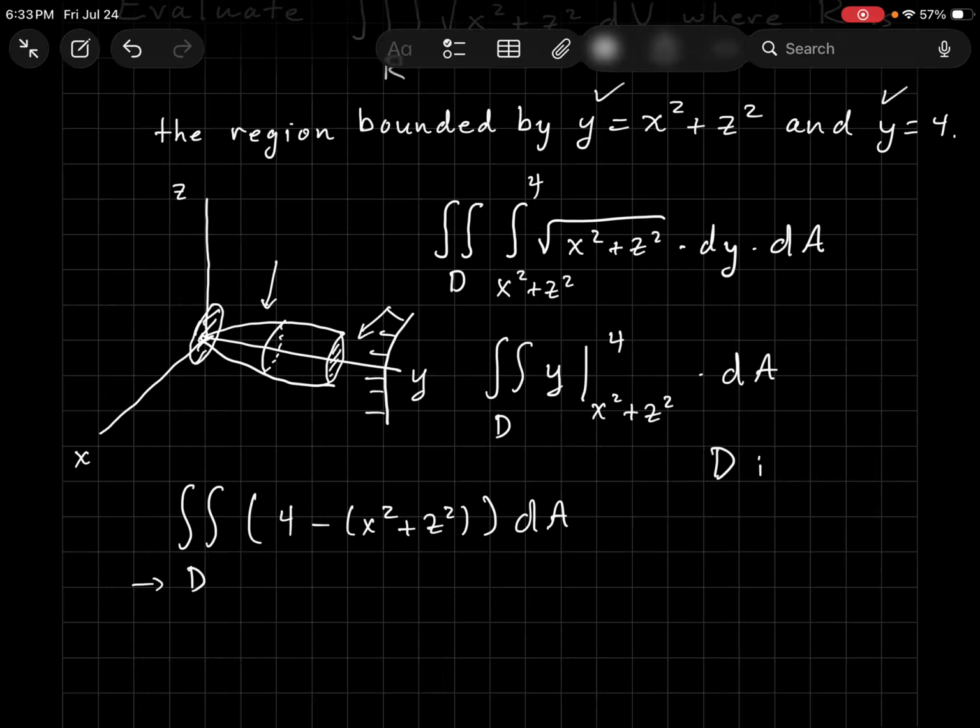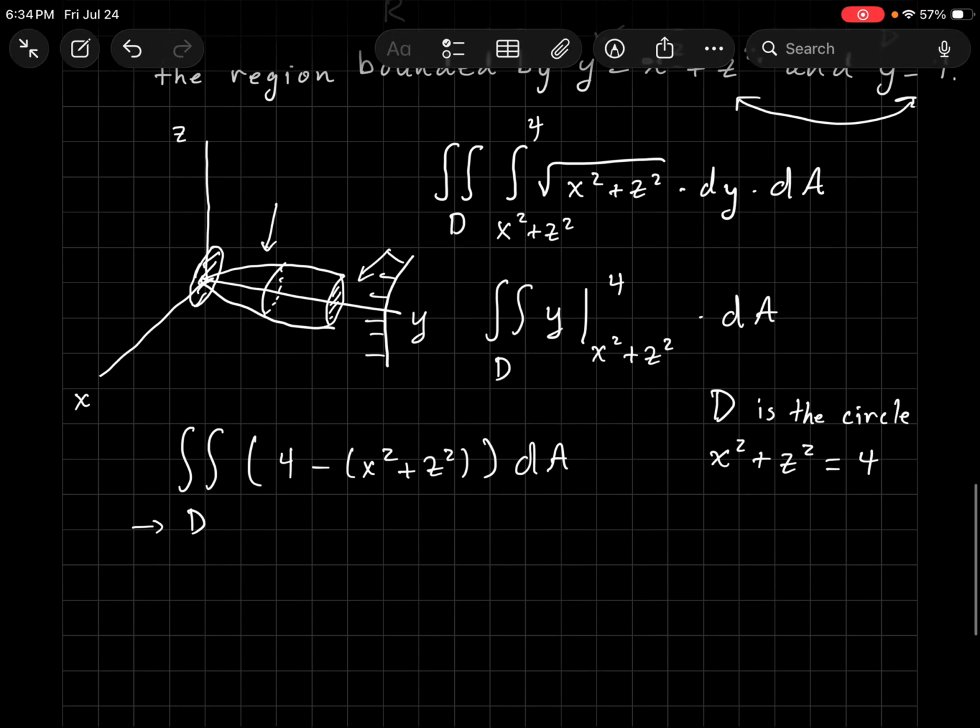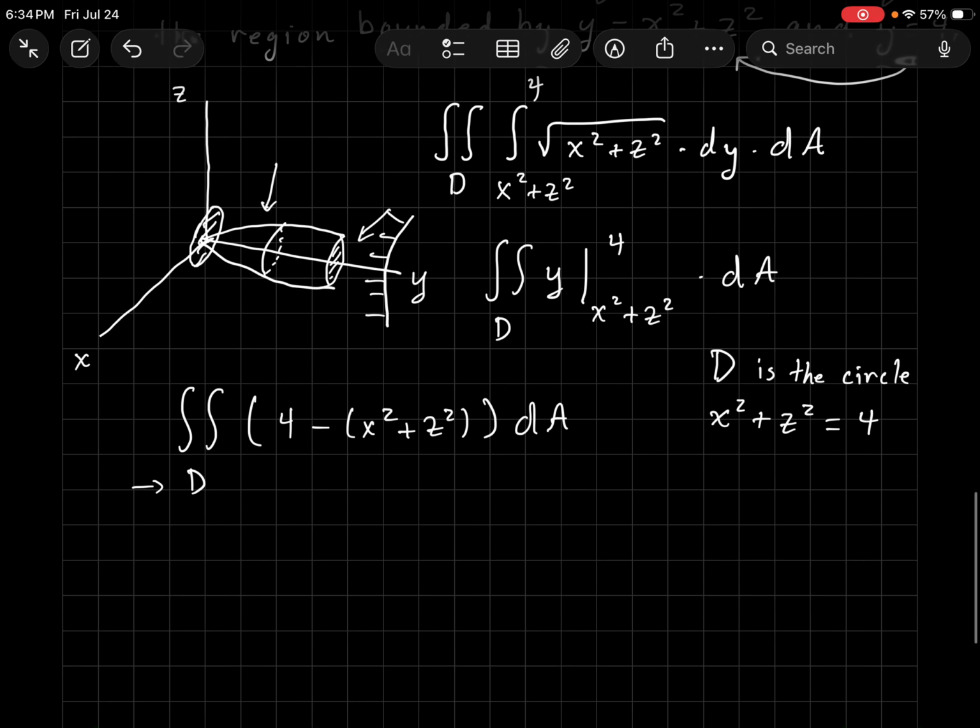So D is going to be the circle x squared plus z squared equals 4. Notice that this top circle is x squared plus z squared equals 4 because y equals 4. And the shadow is going to be that exact circle, but now down in the xz plane. So we can use that to get our limits for x's and z's.